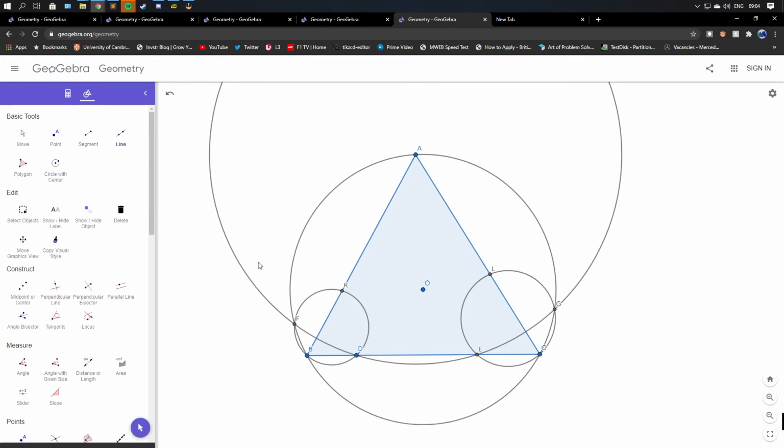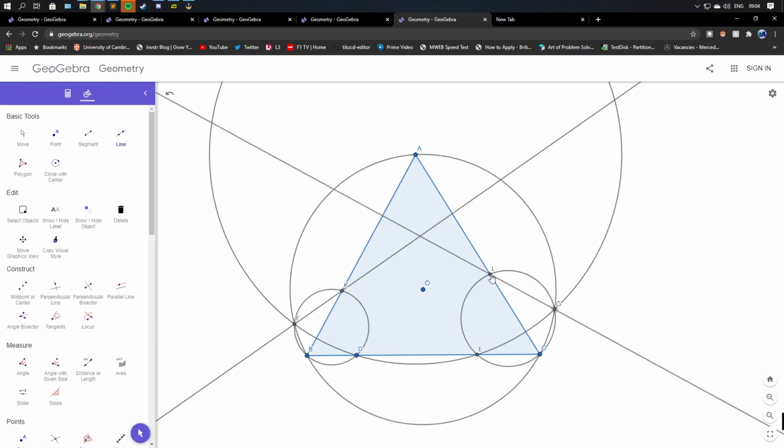Now we want to show that if we've got the lines FK and GL, that they intersect on the line AO. And for ease of understanding, let's make this a dashed line.